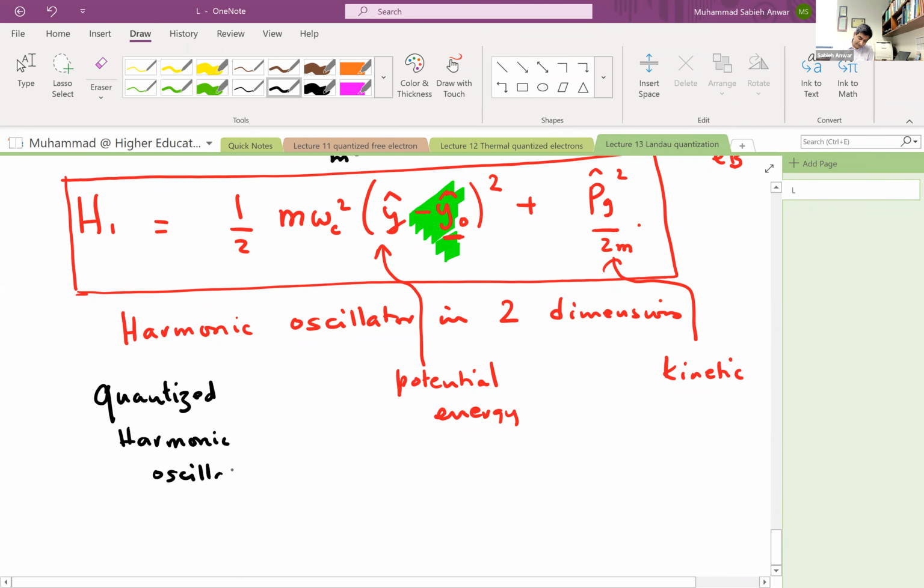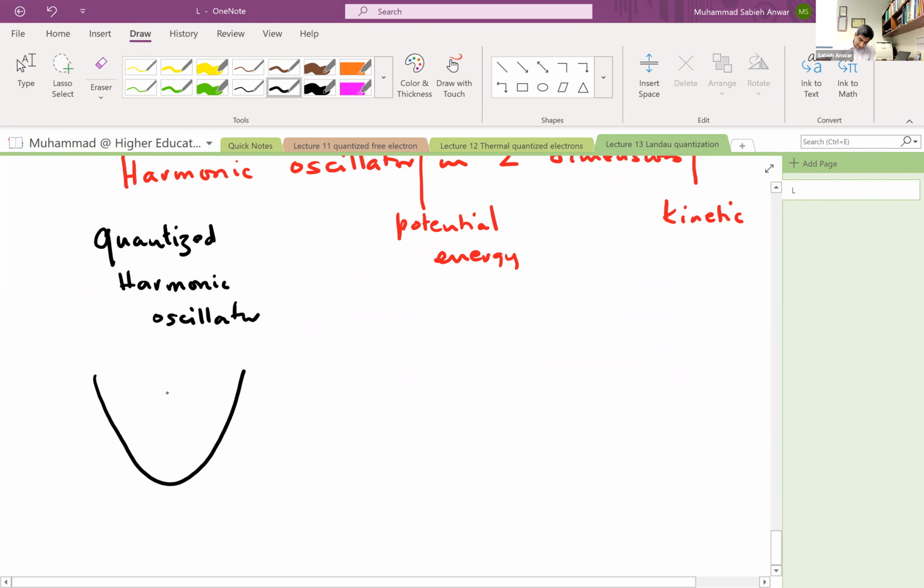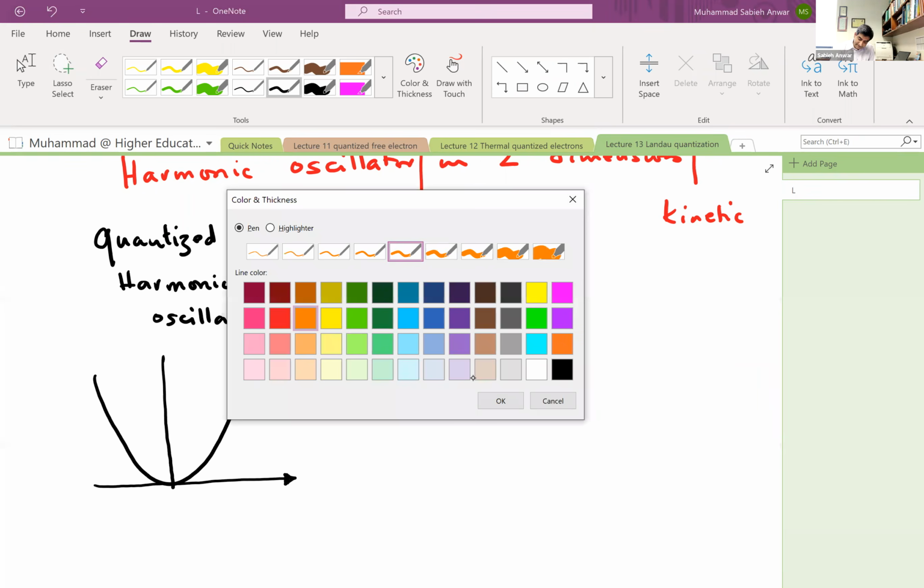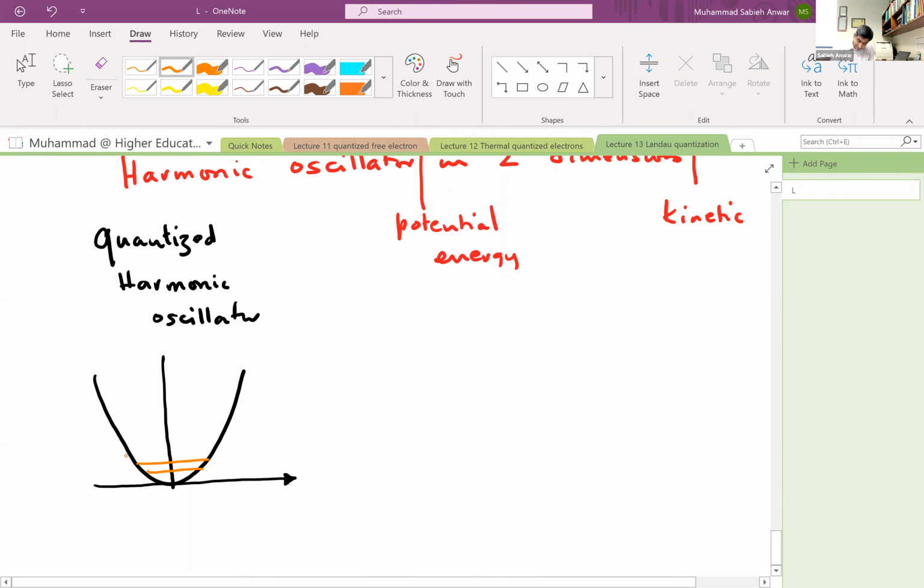Any harmonic oscillator, as you know, we can find out the energies of that system. So if I have a quantized harmonic oscillator, I already know that its energy levels are quantized. A harmonic oscillator which has a Hamiltonian of this form, half m omega squared, some frequency squared, could be the cyclotron frequency, could be anything, y squared plus py squared over 2m.